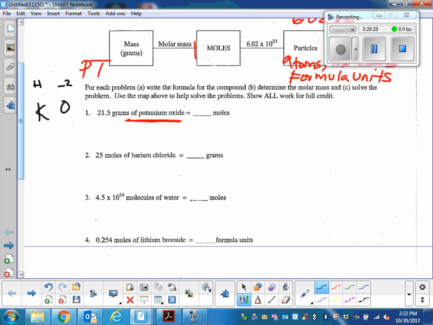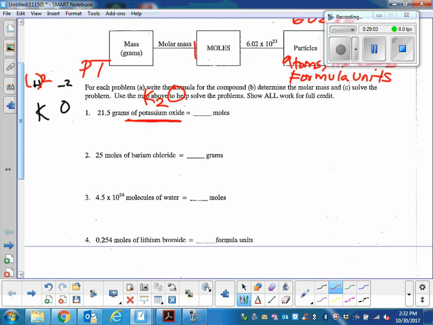So how will I get rid of the minus 2? How much should I multiply K by? 2. 2 times 1 is 2, so minus 2 should balance with a plus 2. What is the formula for potassium oxide? K2O.